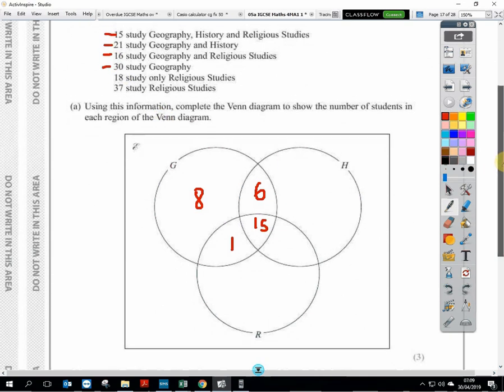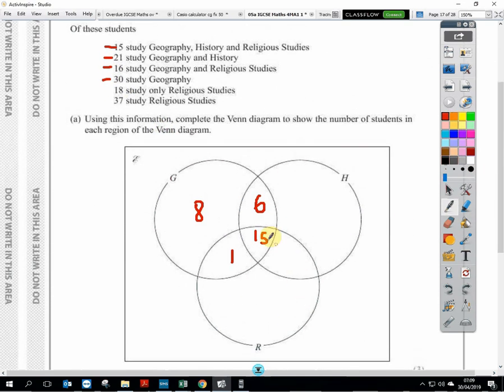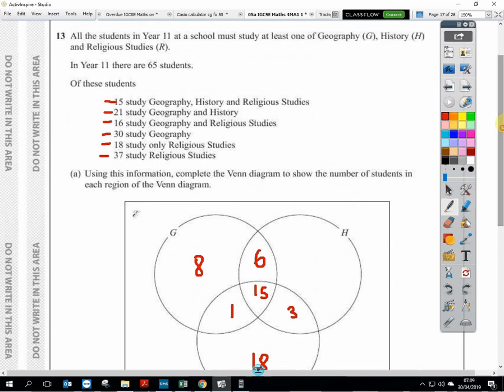18 study only religious studies, so only religious studies will be in this bit here. And 37 study religious studies, so if we add these numbers in the circle so far, we have 34, so we have another 3, it's got to be 37 in there altogether. Okay, and if you read the question at the beginning, it says all the students must study at least 1.